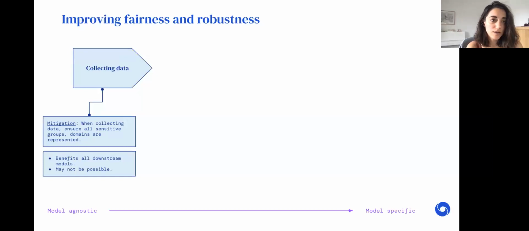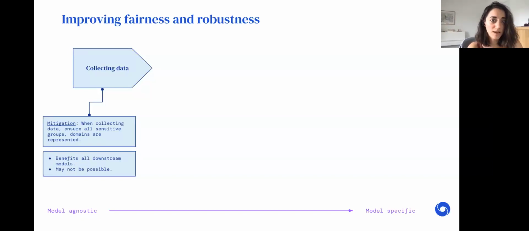Now, in order to improve robustness and fairness, there are different stages of the development pipeline that we can intervene at, and in different ways. This is, of course, not an exhaustive or complete list, but is an example of which stages of the process of deploying a neural network we can consider for fairness and robustness of the model.